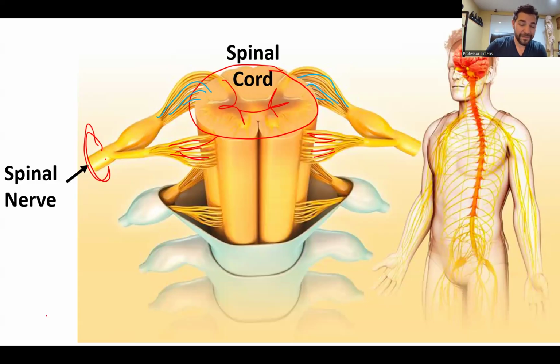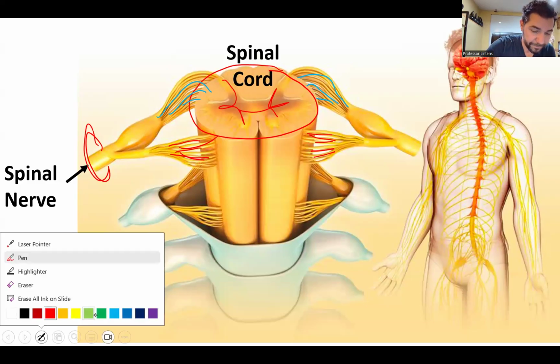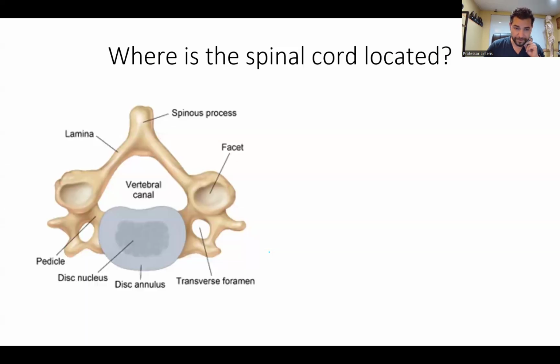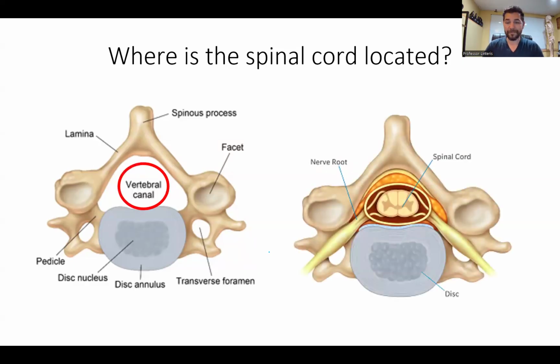On here, you will see a couple of layers, which I believe the next slide will show you, of connective tissue that surround the spinal cord and provide protection. One of them contains a fluid in between, and those are called meninges. So we'll take a look. The spinal cord is located in the vertebral canal, right?